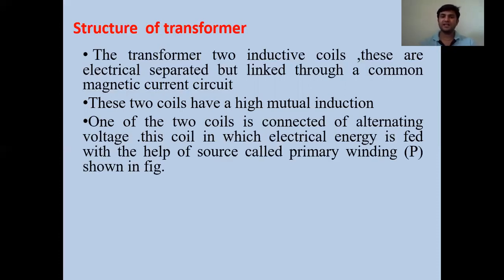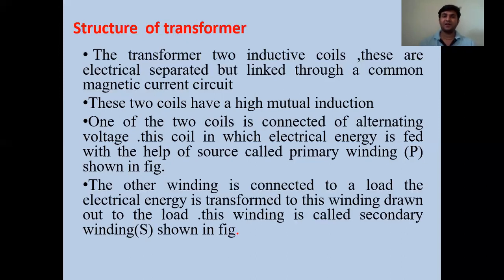One of the two coils is connected to the alternating voltage source. This coil, in which electrical energy is fed from the source, is called the primary winding. The winding connected to the alternating source which feeds the power is known as the primary winding, and the other winding is connected to the load.